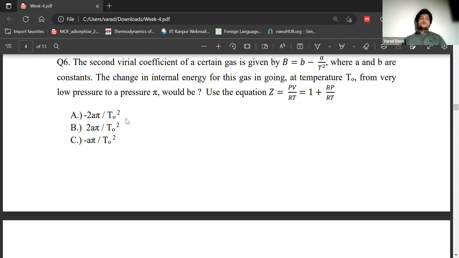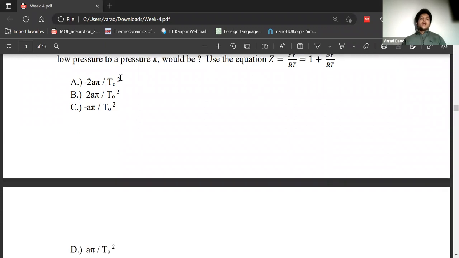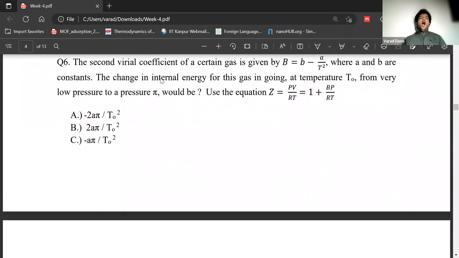So these are the options. I have given the options also.